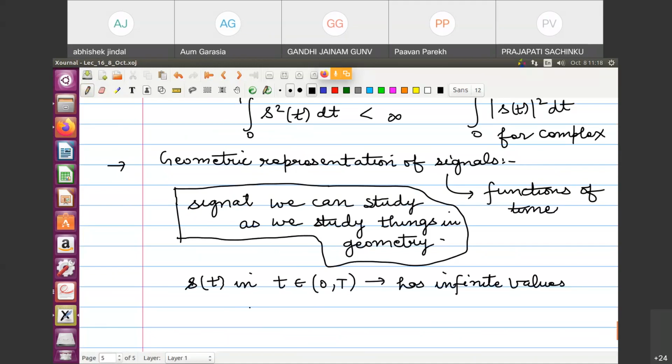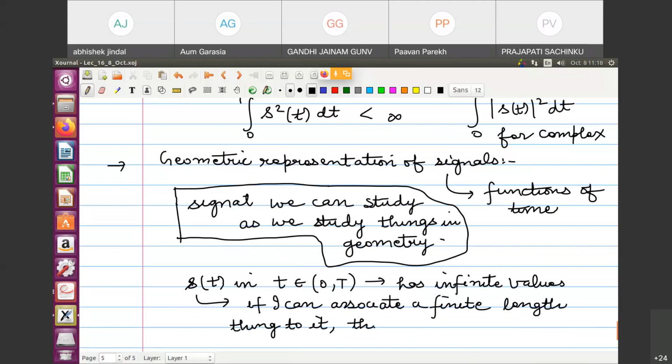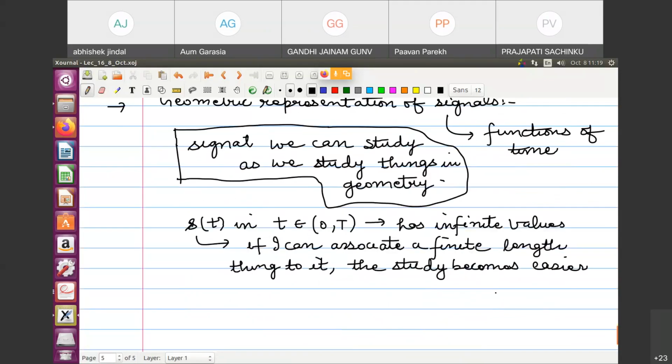So for studying it, you need to carry those infinite values together. But if I can have a geometric representation, or associate a finite length to it, the study becomes easier, and we can do a lot more things.